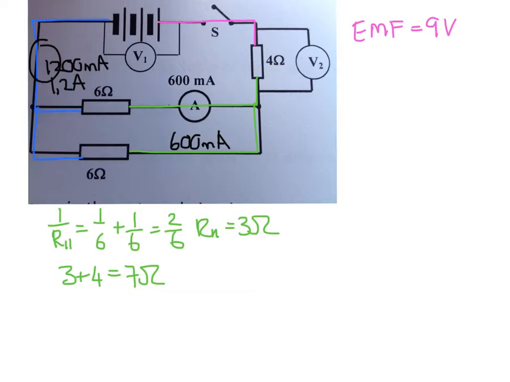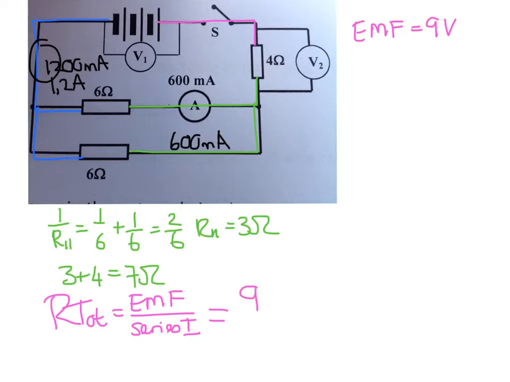What's the internal resistance of the battery? Well, we happen to know the current strength, so we can work out the total resistance. R total is equal to the EMF divided by the series current. So what's the total potential difference? 9. What is the current on the main branch? 1,2.